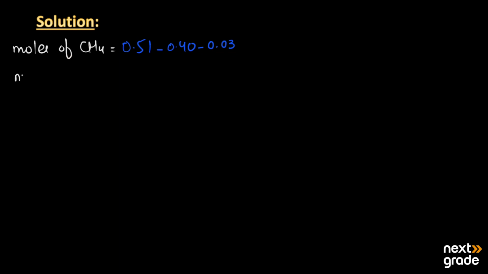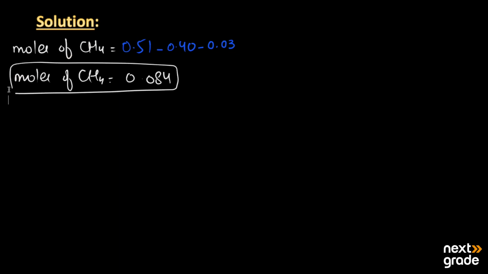So at the end, the moles of methane are equal to 0.084. So here we have the moles of all the gases.